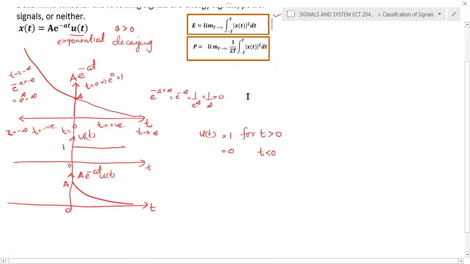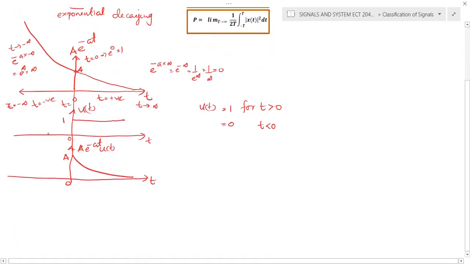So we need the term modulus of x of t the whole square. We know that when t is greater than 0, the function magnitude is a e raised to minus at, and we take the modulus and the whole square. And for t less than 0, the function magnitude is 0.